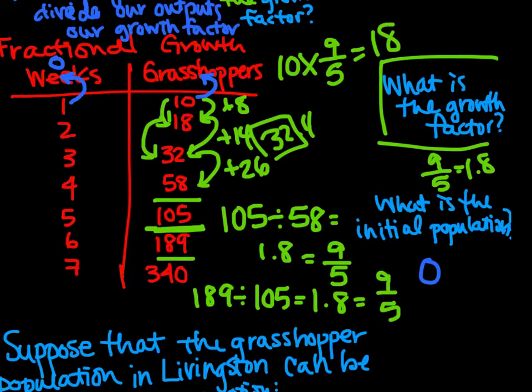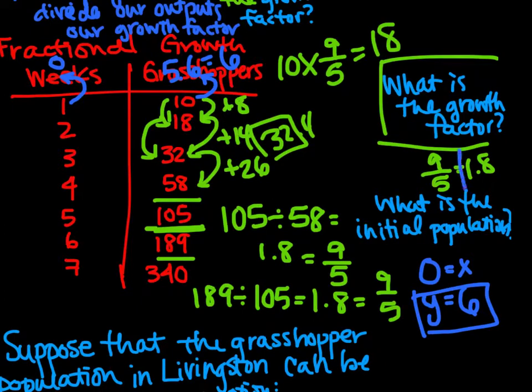We need to multiply 10 by 5/9, and we end up getting 5.6, or we could round that to 6 grasshoppers. So our initial population, when x equals 0, y, our grasshopper population, equals 6. So there's our y-intercept, and this 1.8 is our growth factor.